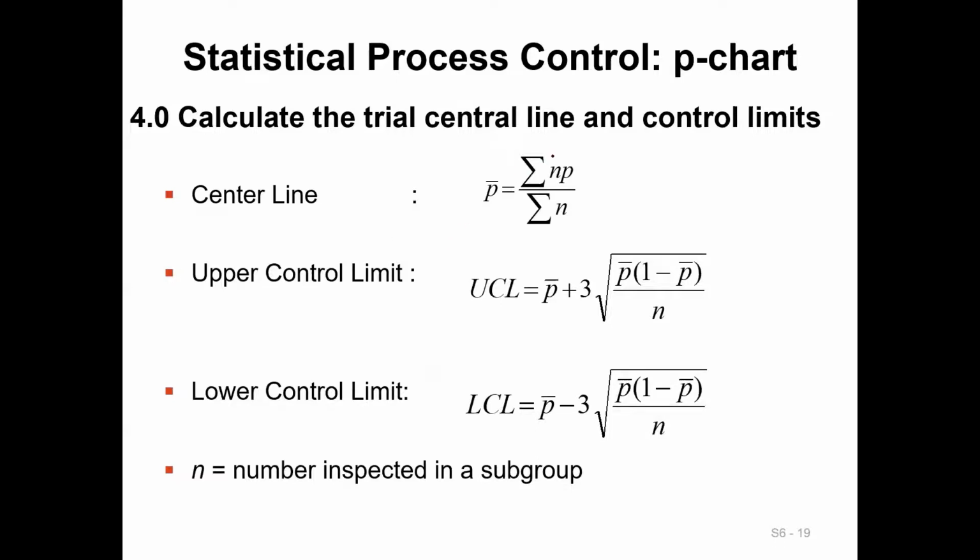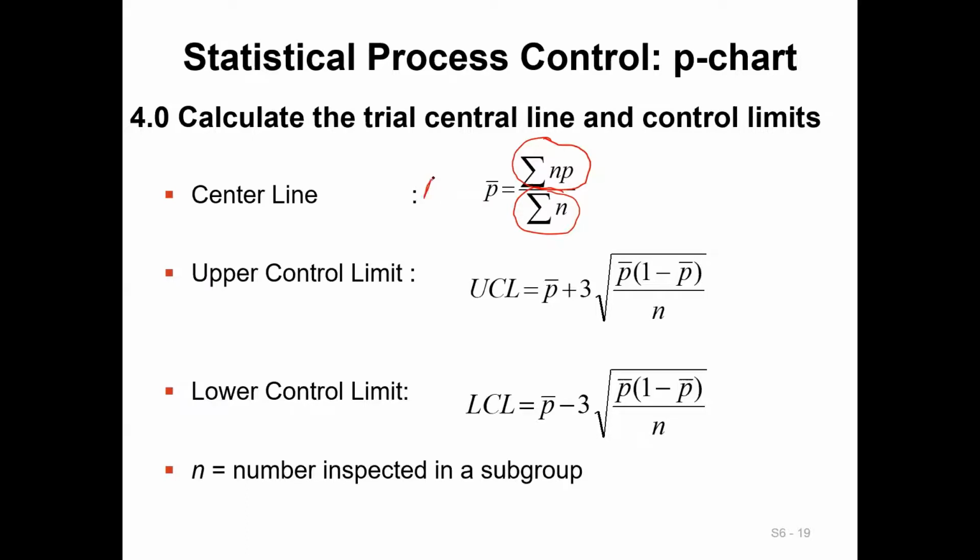So the sum of NP depends on how many lots or subgroups are inspected. You total up the number of defective items divided by the total number of samples inspected. Then you will get the center line, P bar.